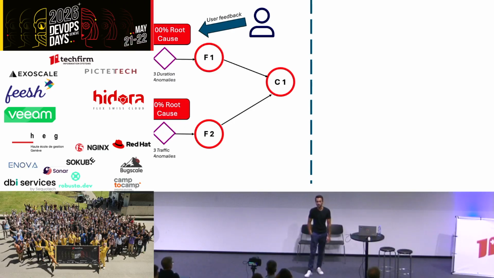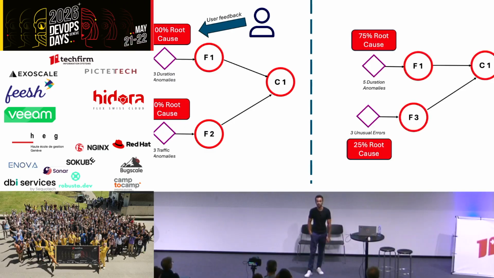Meaning that when this happens again, the probability distribution can be even more skewed because you have the user feedback now. Right, so that's the next part that allowed, when you have a big graph, to say a different distribution, to say, okay, maybe you should look at it first because based on similar issues in the past, etc.